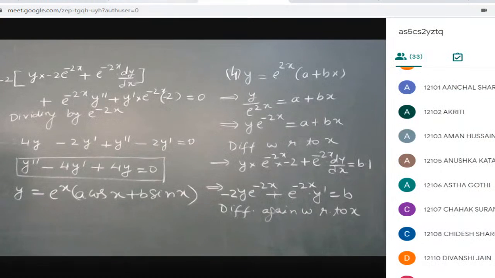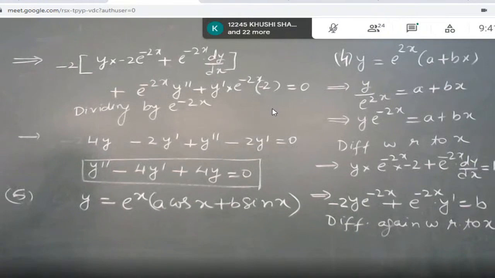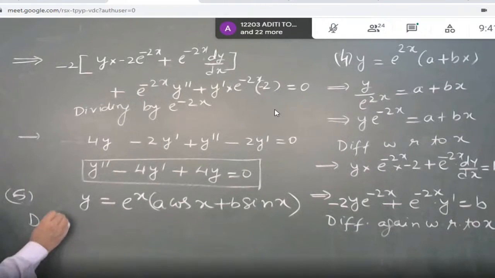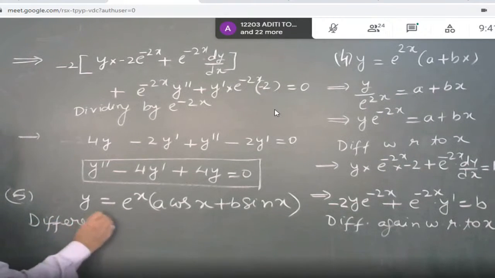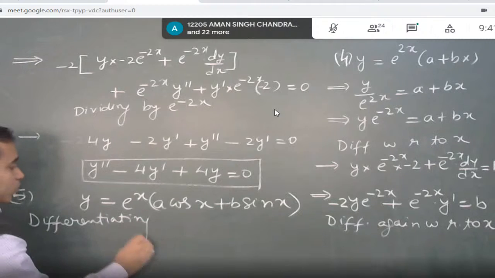We have to differentiate 2 times. We have to eliminate a and b. Let us begin. Let us differentiate with respect to x.